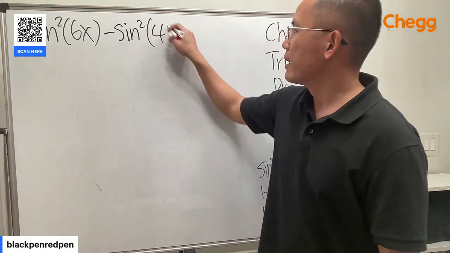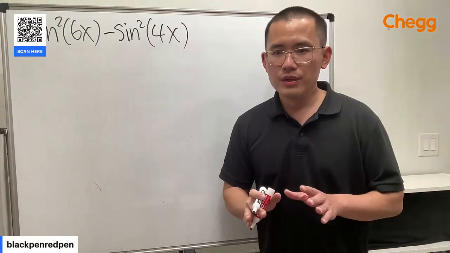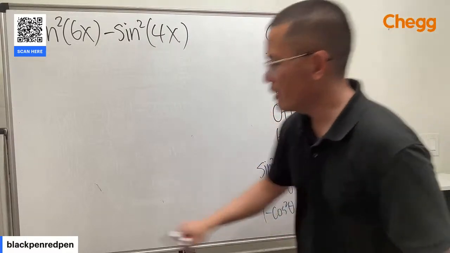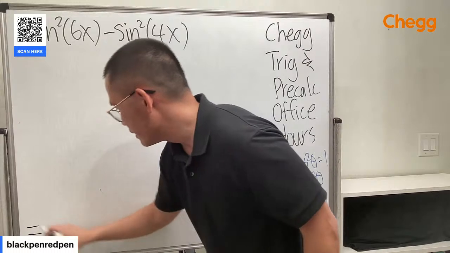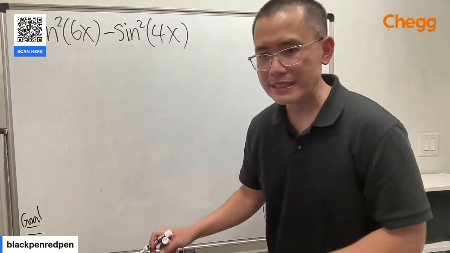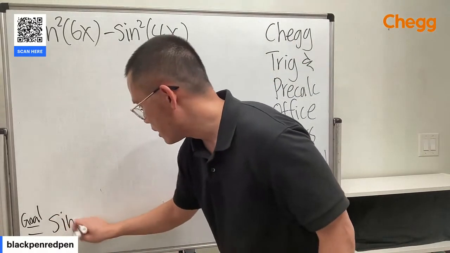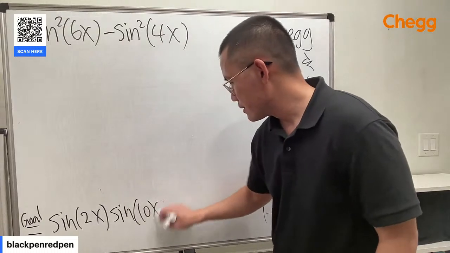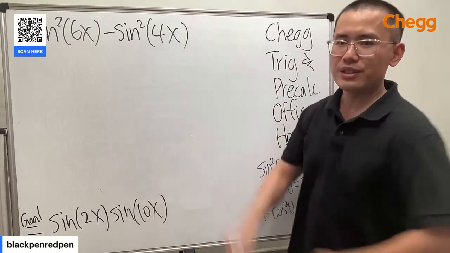Okay. So I'm going to try my really best to go from here, and then our goal, this is the goal. Our goal is to end up with sine of 2x times sine of 10x. Okay, so that's the question.